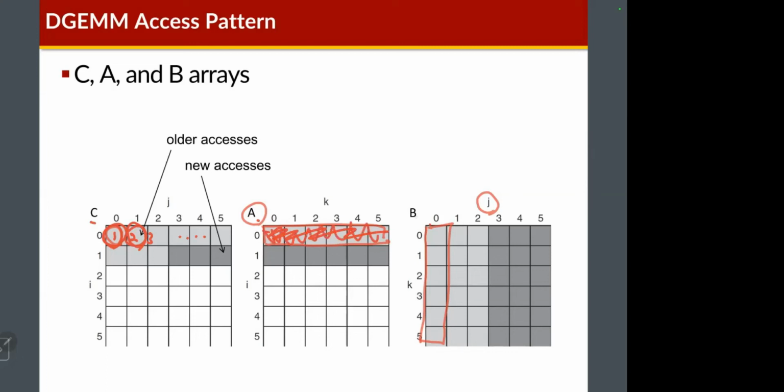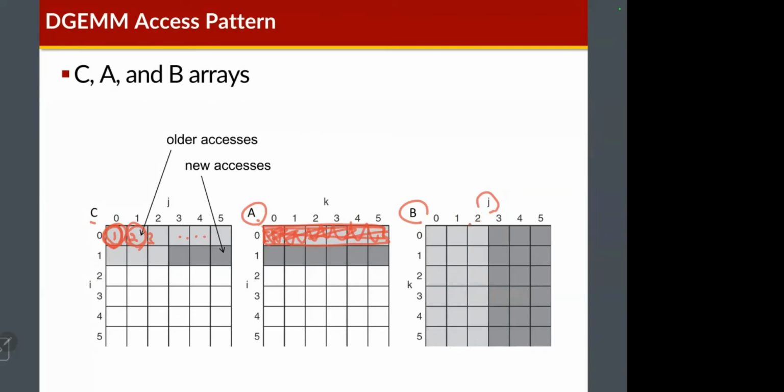But for matrix B, we require the second column vector, right? And then what's the problem? For the third element, A is reused, but we require the third column in matrix B. So what's the problem?